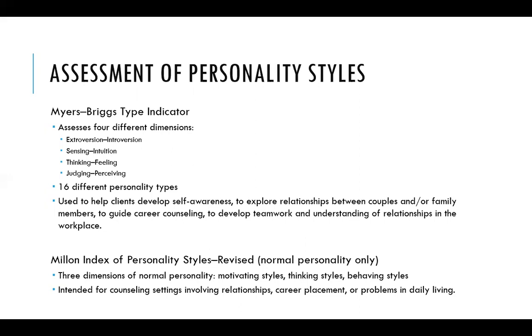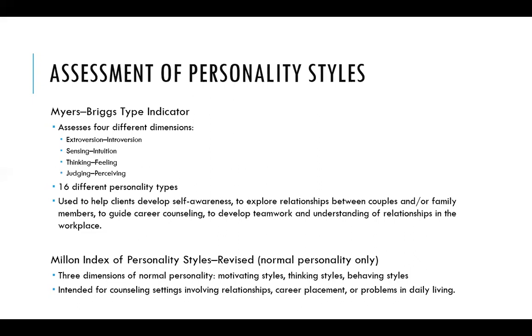The next one is sensing versus intuition, thinking versus feeling, and then judging versus perceiving. And so within the assessment, you will get one of those categories for each of the dimensions, which creates a 4-letter code. And overall, there are 16 different personality types.